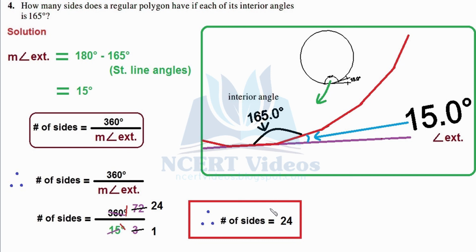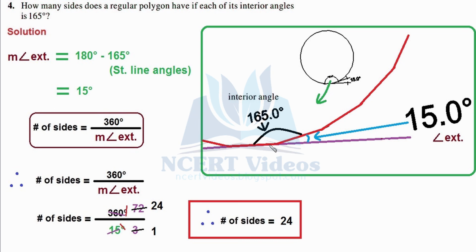So you see how easily we solved this question. We simply framed the question inside our mind, and we know very well that the number of sides can only be found if we know the external angle. With the help of the internal angle, we found the external angle first of all, and then proceeded as we did in question number 3. Now the question may arise in your mind that this was the case for a 24-sided polygon.